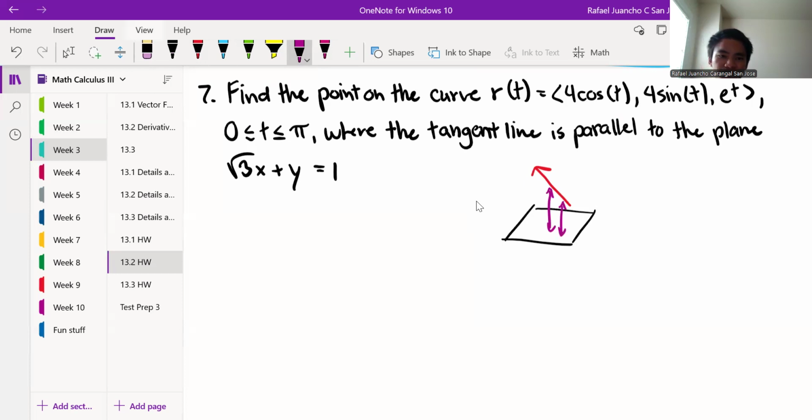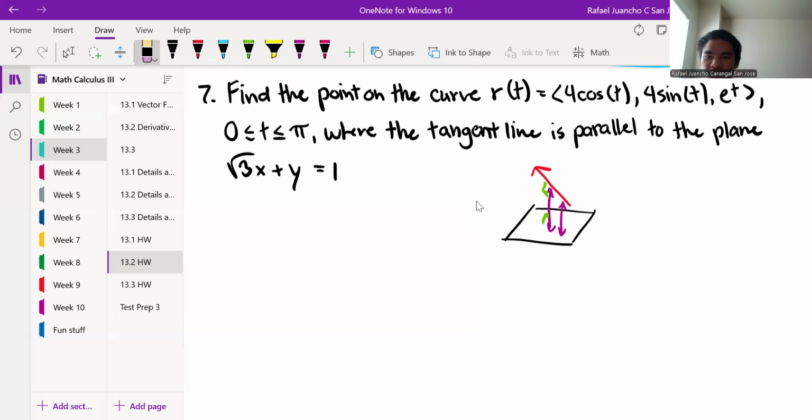Oh, it's perpendicular maybe. So the normal vector of the plane is perpendicular to the tangent vector. That's another thing. How do we do that? Well, we need another vector. We need a second vector to find that thing.